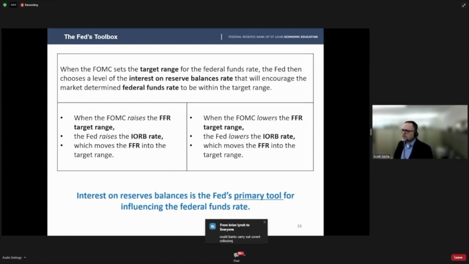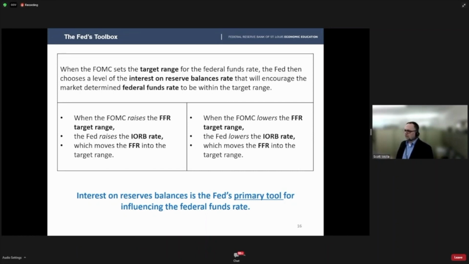When we talk about conducting monetary policy, that's where the FOMC sets the target range for the federal funds rate. And you might remember just recently the FOMC raised the target range for the federal funds rate by 75 basis points, or 0.75%. Okay, so they moved the target range higher.